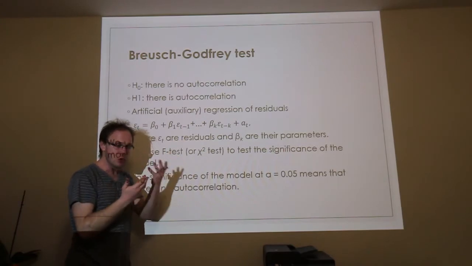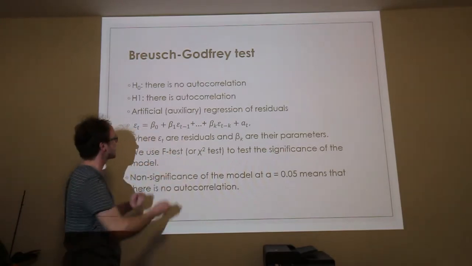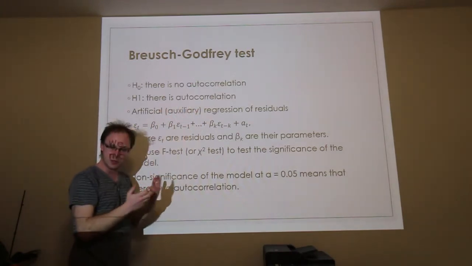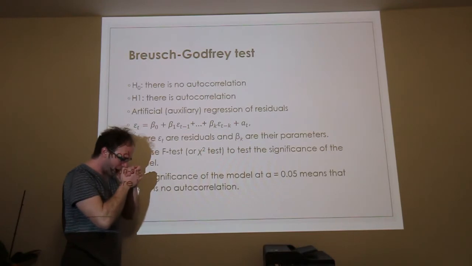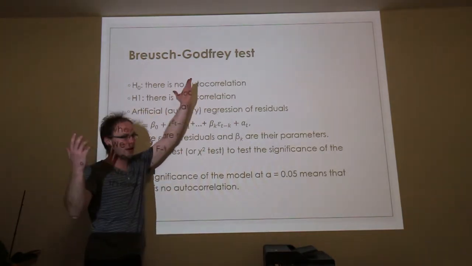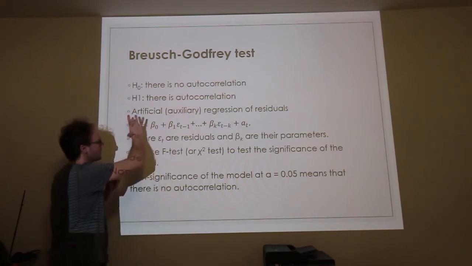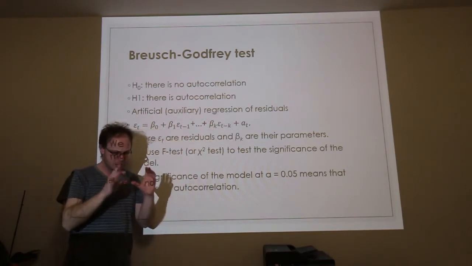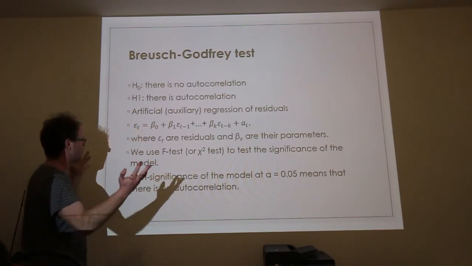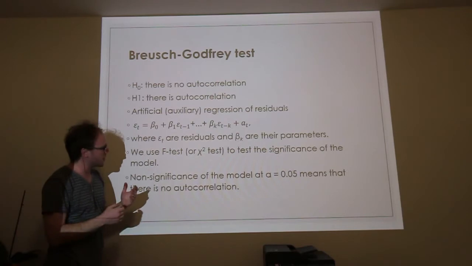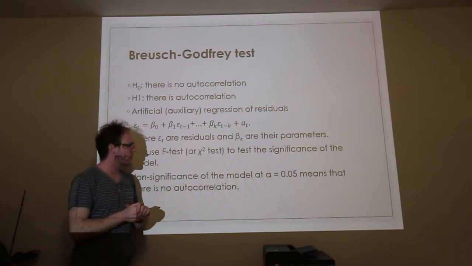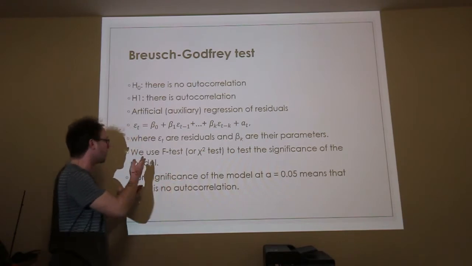But we don't want this. We don't want to have a system in the residual time series. We require independence, no correlation. So this model must be wrong, must be very bad. We use either the classical F-test or chi-square test to test the significance of the model.